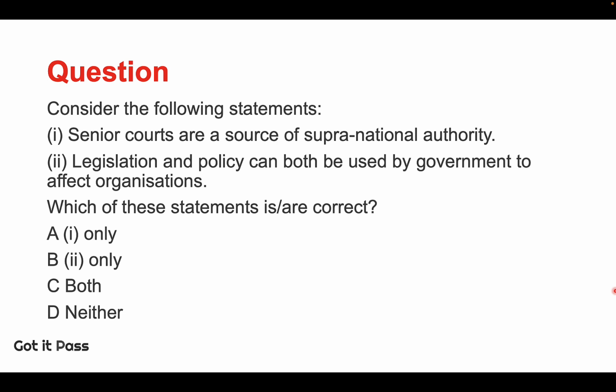In this class, we discuss legal authority with three levels: supranational, national, and regional. So, whether senior courts should fall in supranational or not. And the next is about the government.